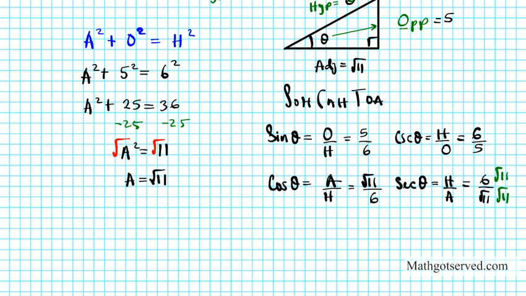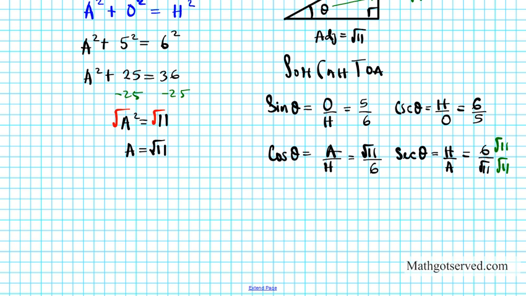That gives me 6 root 11 over root 11 times root 11, which is simply 11, because the square root and the square are inverses, so they cancel out to get 11. So there goes your secant.